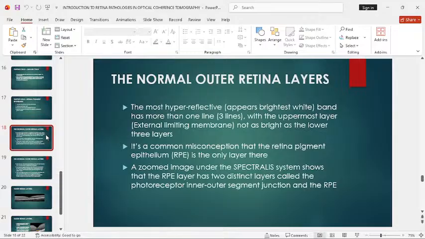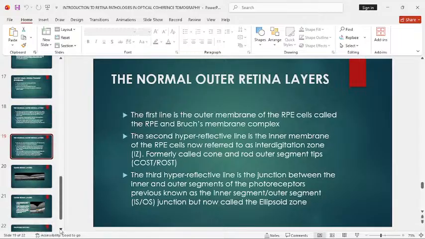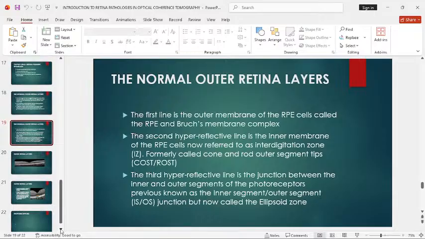But when we zoom this layer under the Spectralis system, it shows that the RPE layer has 2 distinct layers called the photoreceptor inner and outer segment junction, and then the RPE itself. The first line we see, which I will show you in the image soon, is the outer membrane of the retinal pigment epithelial cells, called the RPE and Bruch's membrane complex.